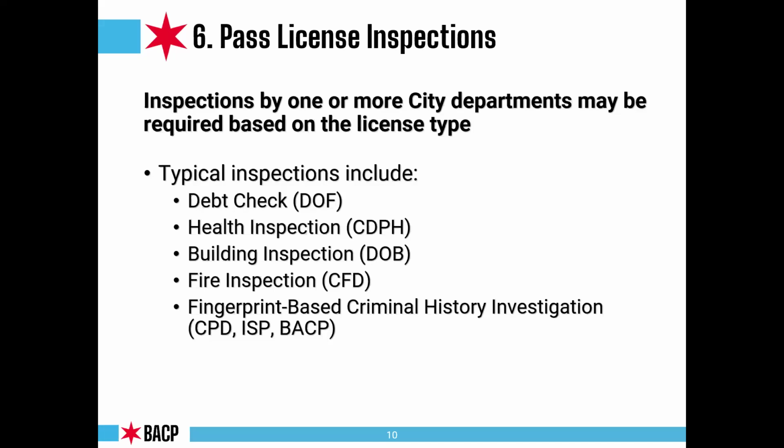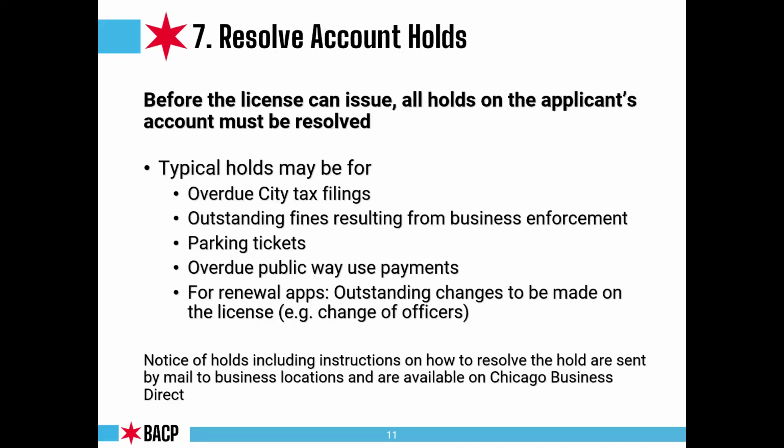And so once you've gone through your inspections, if any, then you're almost at the finish line. Remember, at this point, you've entered your application, you've gone through zoning, you've provided us the needed documents, and you've reviewed your application. We've completed it. The last thing that would hold up license issuance would be city holds. Before the license can be issued, all holds that come up must be resolved.